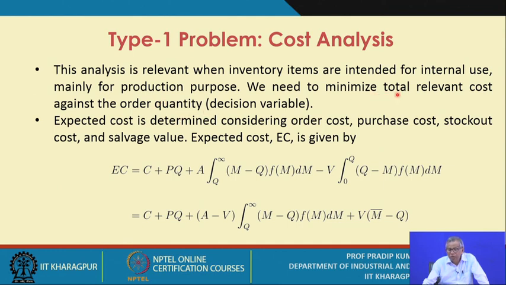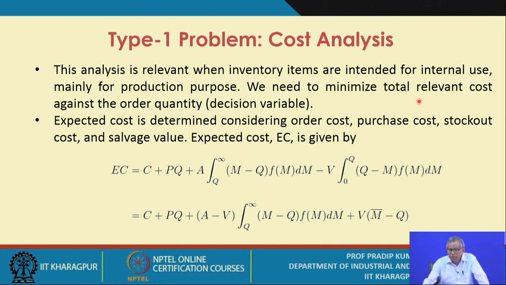And why am I saying total relevant cost? Because if you go through a particular problem, you will come to know that there are certain cost elements which are referred to, whereas there could be many other cost elements which may not be relevant with respect to a given problem.